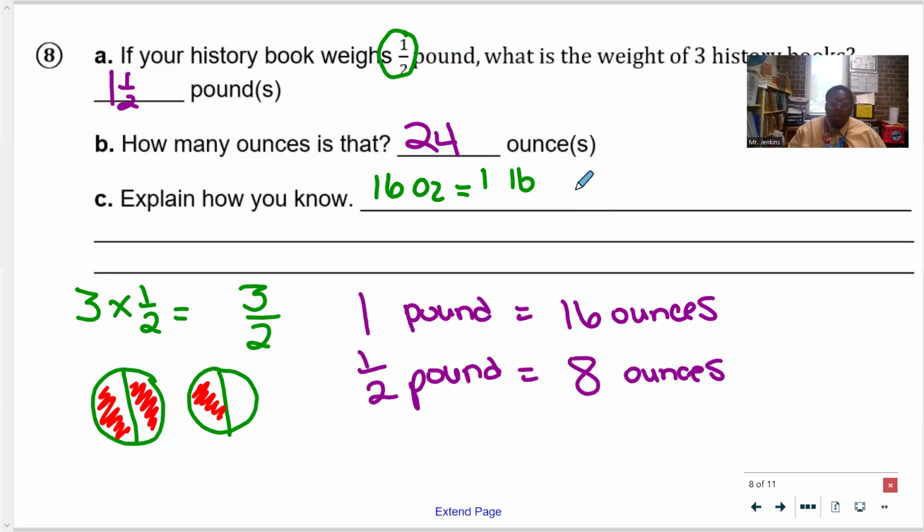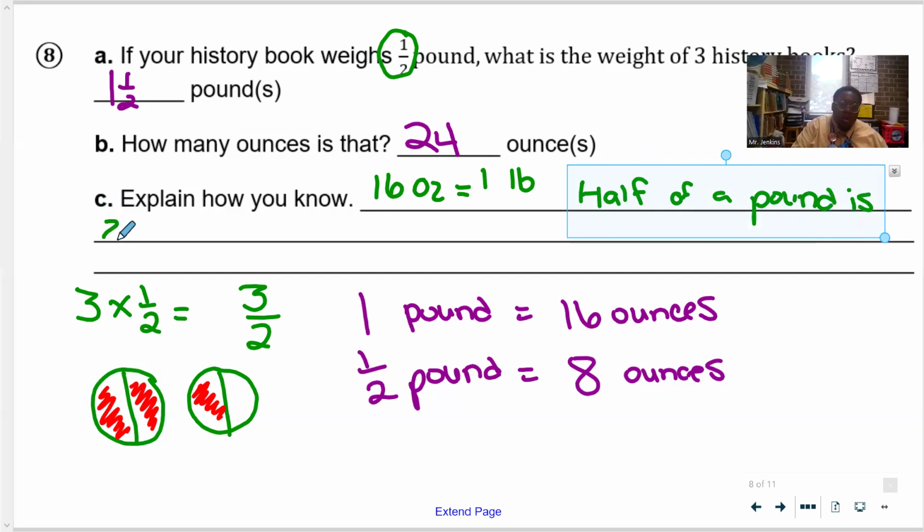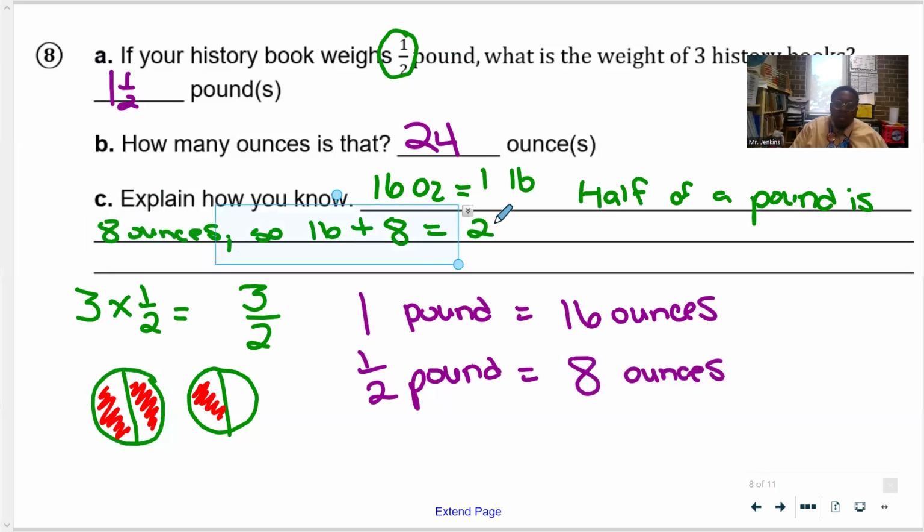I know 16 ounces is a pound, and also half of a pound is 8 ounces. So 16 plus 8 is equal to 24 ounces. Okay, so that's the main thing that your teacher is going to look for, that you know there are 16 ounces in a pound when you find your answer.